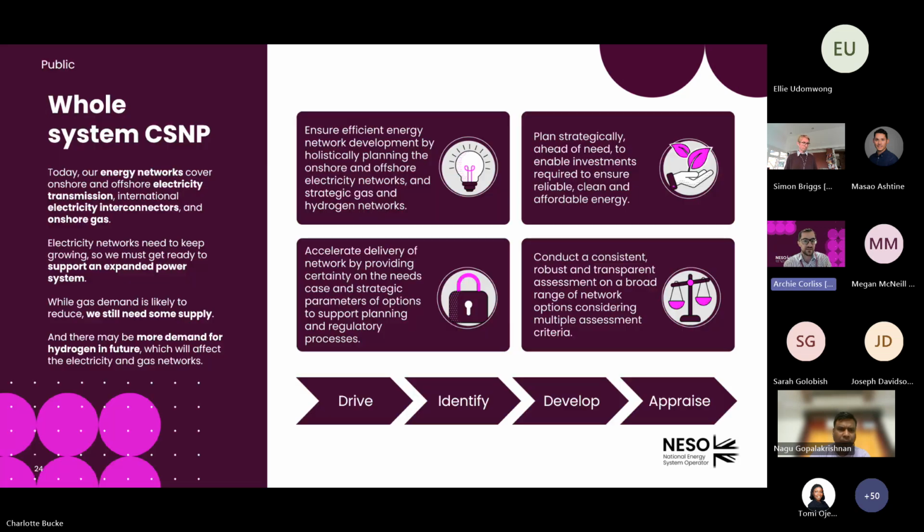So on to the next slide, the whole system CSNP. So this is, as I said, underpinned by the SSEP that will be driving the specific network needs that are explored here. So for electricity and gas, this focuses on transmission level deployment and understanding of electricity and gas networks.